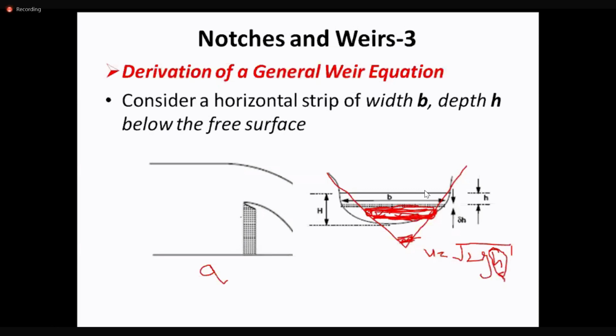This is a sharp-crested weir. The elemental strip would have a height of delta h, because the height of the strip is along the h axis.